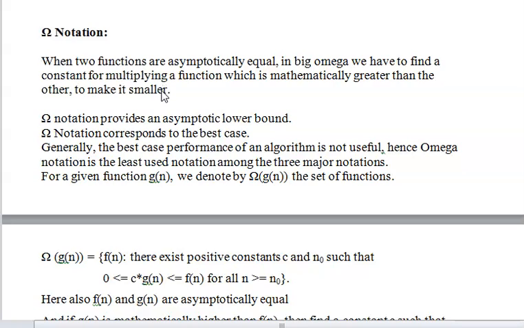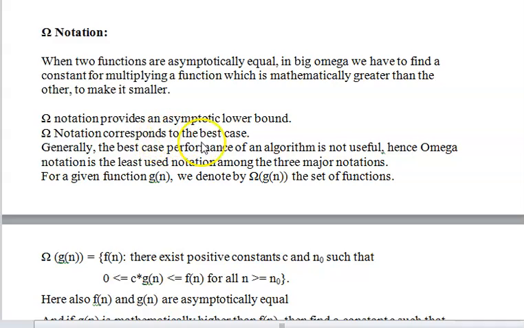Originally, the function was bigger than the other function. So we will be using an appropriate constant for multiplying the higher valued function to make it a lower function. Hence, omega can be considered as an asymptotic lower bound notation.